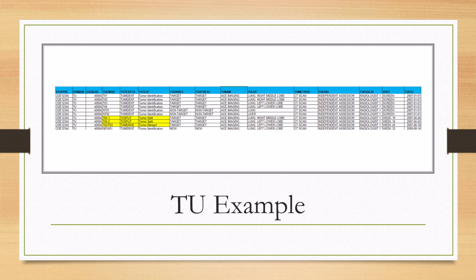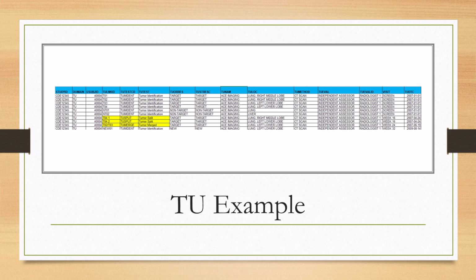Similarly, in the third highlighted record, the link ID again provides clear information about which 2 tumors have been merged together in the week 24 assessment, and we have created a test code for these 2, with tumor merge as the test value.